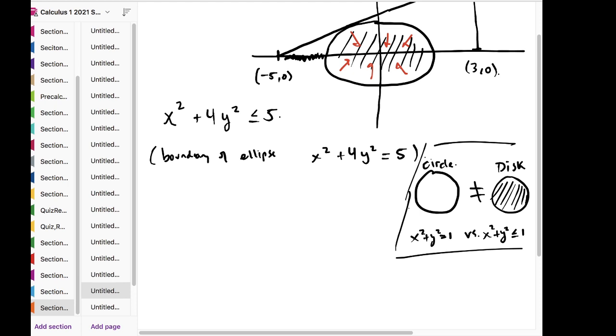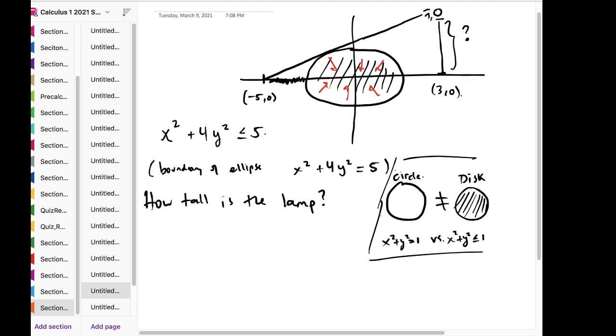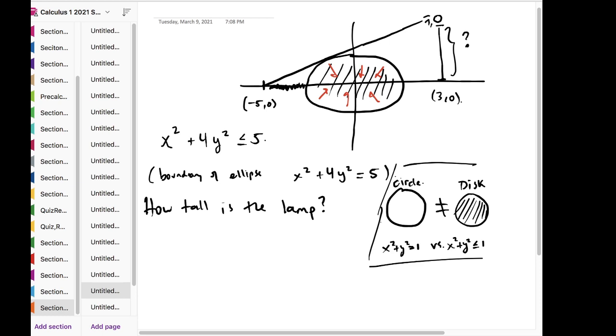Okay, so the question is, how tall is the lamp? There's a lot going on here, right? Before I give it away, what do you think are pieces of information that we know or can figure out?